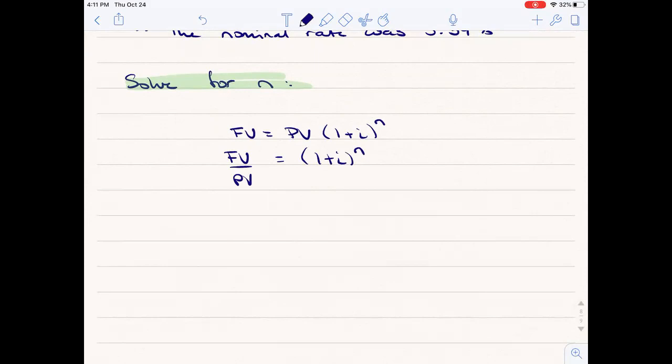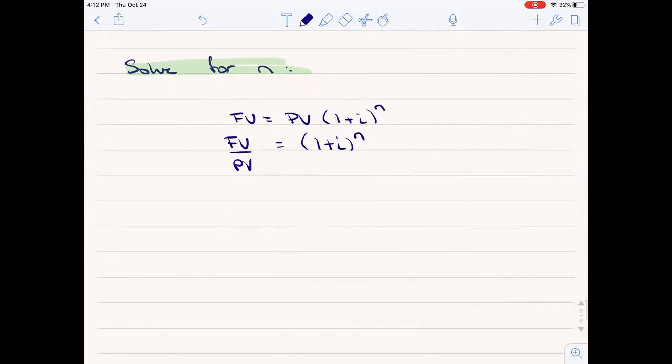I dare say this is the only reason we reviewed logs, so that we could solve for things like this. It's good for other stuff, and if you flip the formula sheet, it's going to come back up, but it's for this idea of being able to solve for n, which is in the power. So I'll just make a note here.